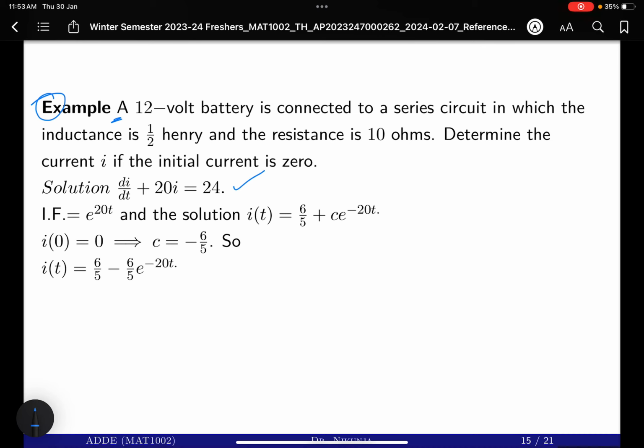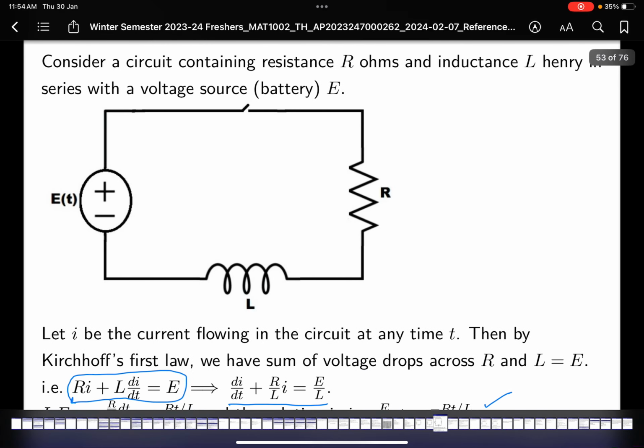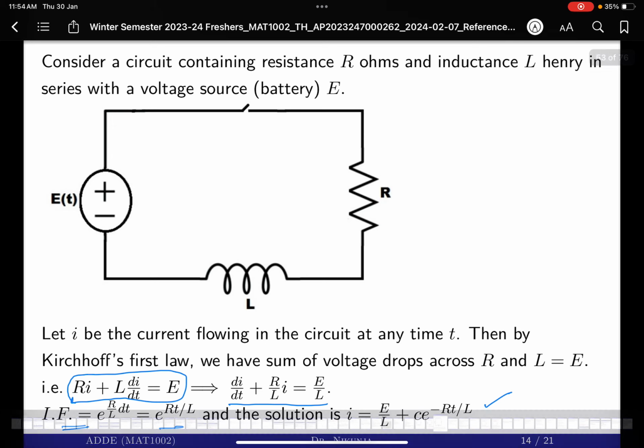So this is the condition given. Go back to the main formula: dI/dt plus (R/L) I equals E/L.